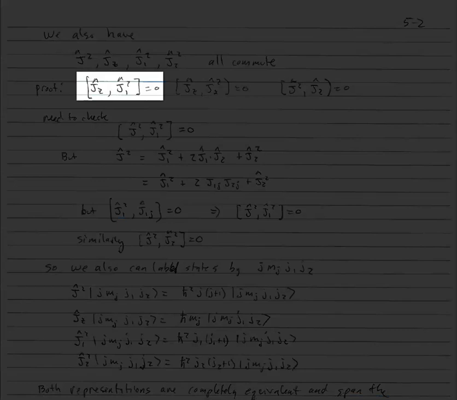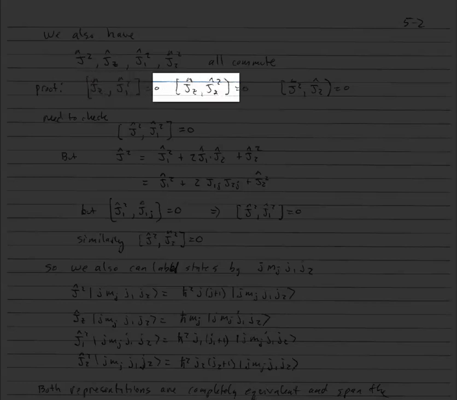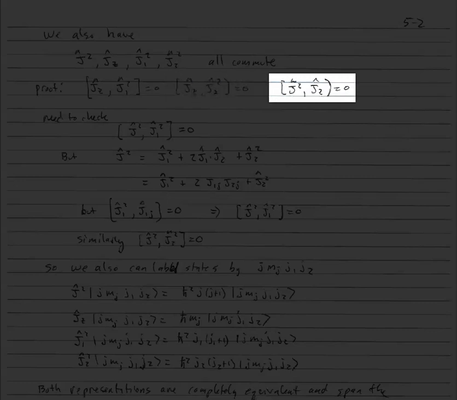J2z commutes with J1 squared, but so does J1z commute with J1 squared, so that commutator is 0. Similarly, Jz with J2 squared is equal to 0. Now we have to verify J squared commutator with Jz is equal to 0 because the J is an angular momentum operator. It satisfies the angular momentum algebra, which means that J squared and Jz commute, just like it does with any angular momentum operator.